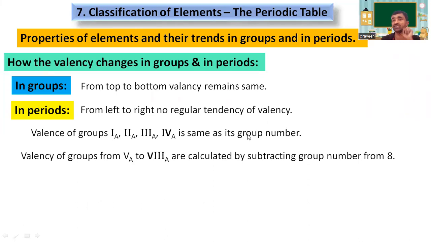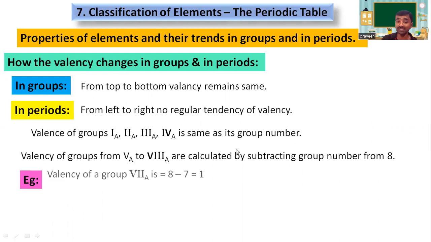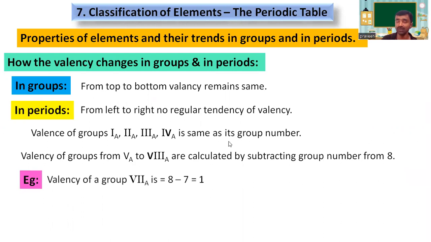So 3 is the valency of the 5th A group. For the 7th A group, subtract the group number from 8: 8 minus 7 gives 1. So the valency of group 7A is 1.